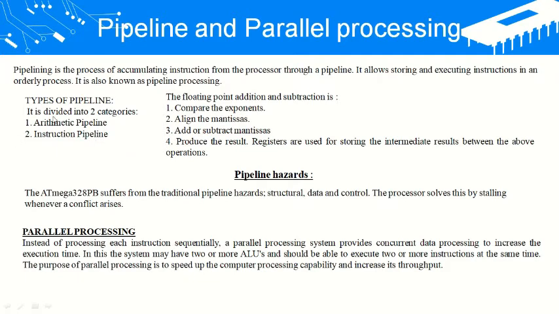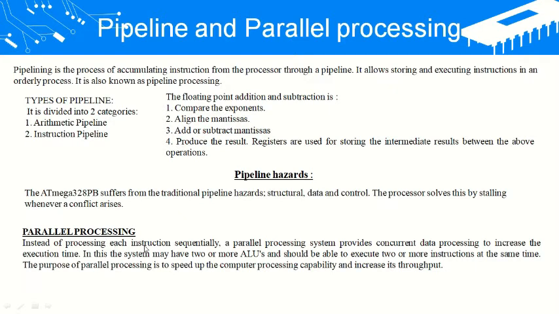Now, what is a pipeline hazard? This is a drawback. The ATmega328PB suffers from traditional pipeline hazards, that is structural, data and control. This can be solved by stalling whenever a conflict arises. Now, what is parallel processing?